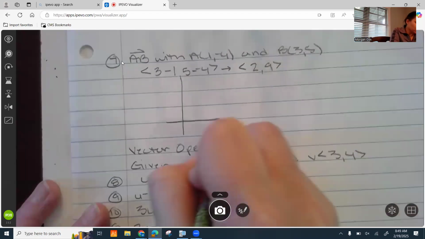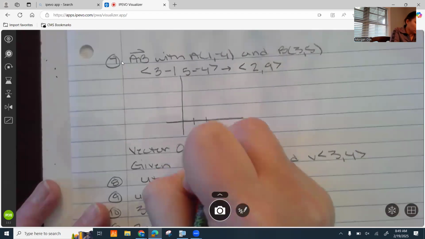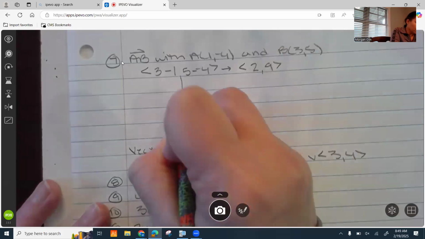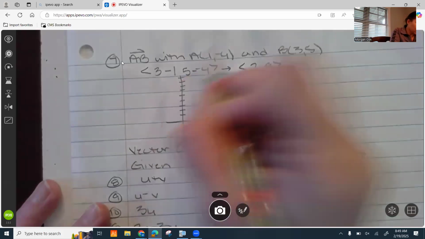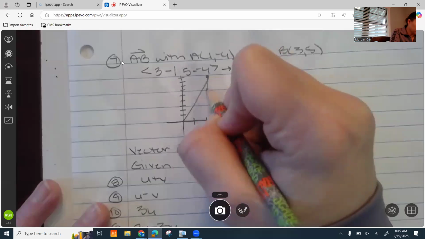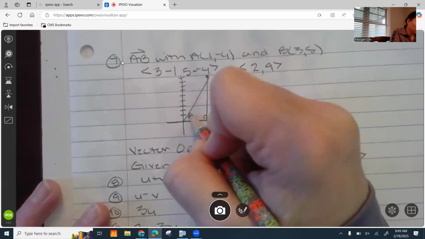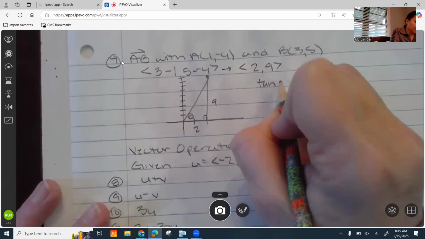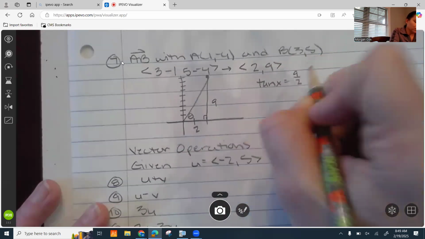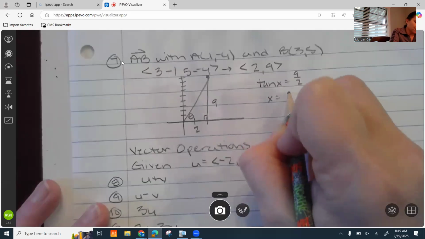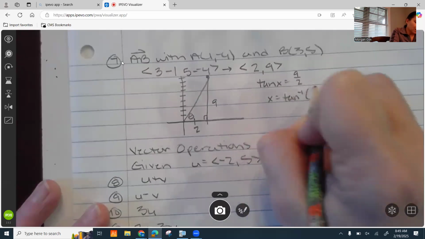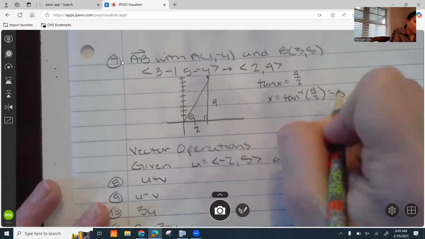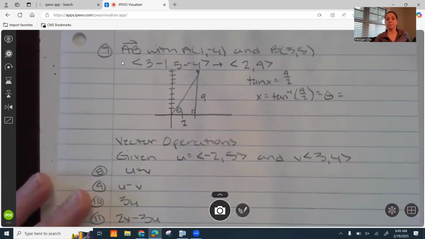All right, and now we can go on and actually solve it like we just did the other two. All right, so 2, and then 1, 2, 3, is going to be right here. Here theta equals x. So when I do this, the tan of x is 9/2, and I do inverse tan of 9/2, that is going to give me theta this time.